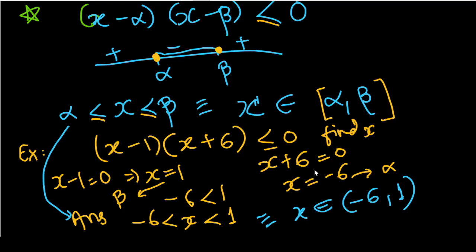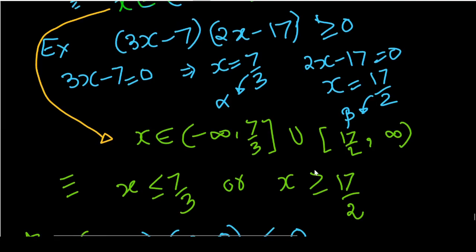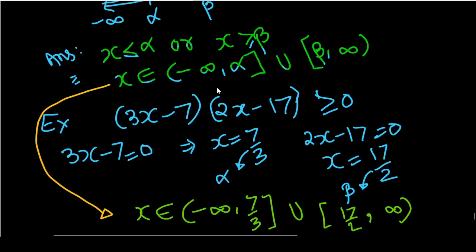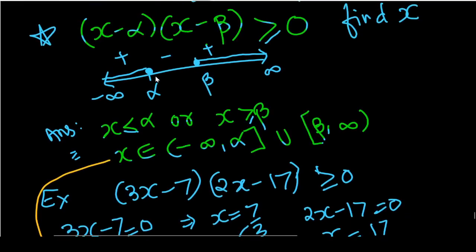Now as you can see here in the formula, alpha x, the linear factors are given to be, the coefficient of x is 1 here, but in this example, the coefficient of x is not 1. So what I want to emphasize here is this is valid when the coefficient of x is positive.